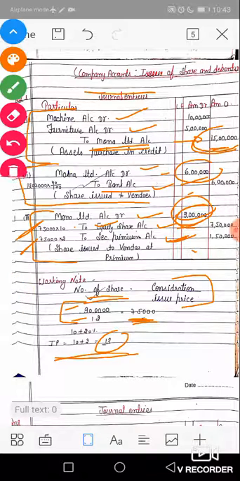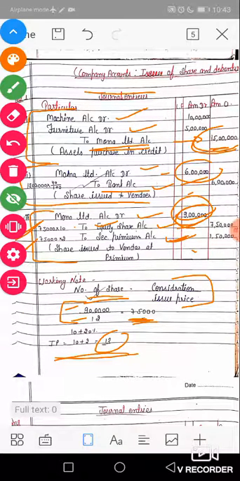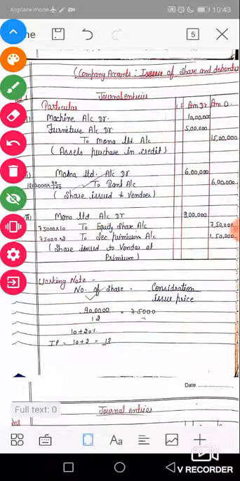So these three entries are made when assets are purchased from Mona Limited. First is assets account Dr. to vendor. Next, when some amount is paid to the vendor in cash, Mona Limited account Dr. to Bank, 40% of 15 lakh, which is 6 lakh.